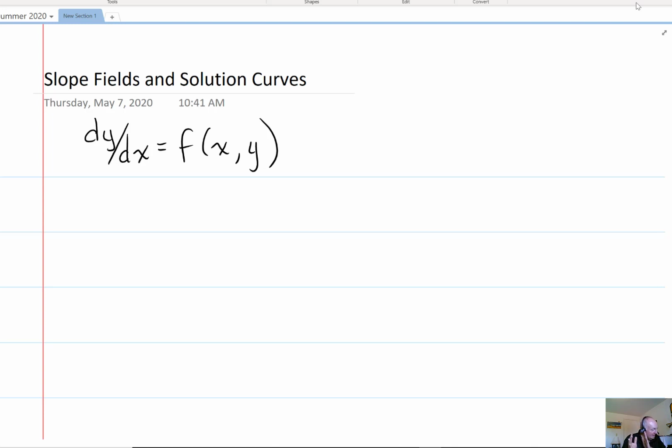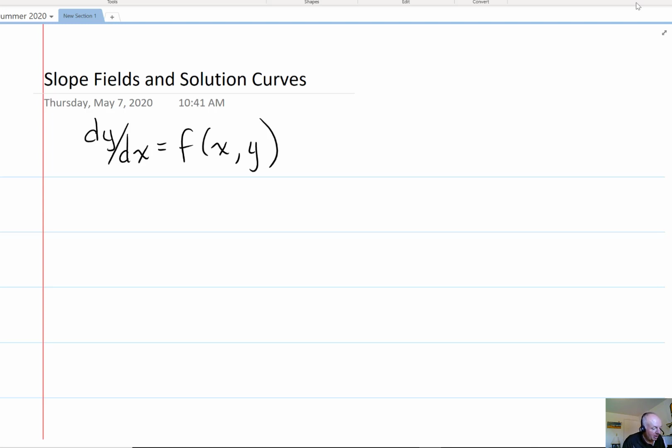One way that we won't touch on very much in this class, but which is actually used quite often in real life, is just a numerical approach. We just give up on trying to find the actual function y itself that solves this, and we find the numerical values of y rather than the algebraic expression for y.